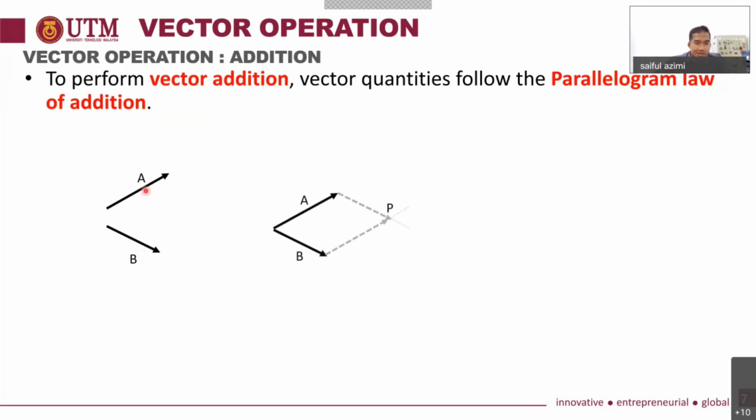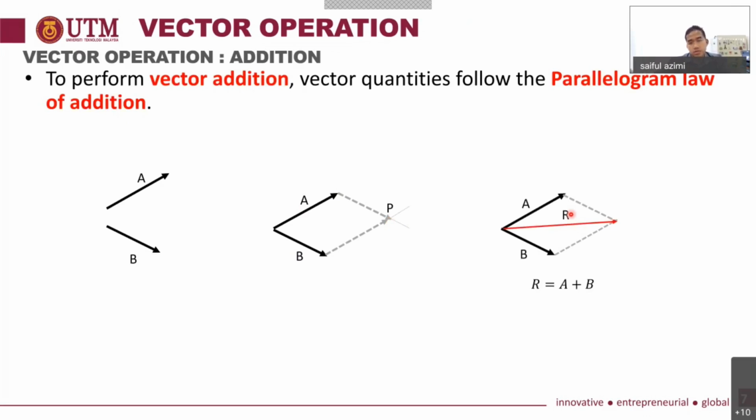First, you need to connect the vectors together. Next, you must draw an imaginary line parallel to vector A and an imaginary line parallel to vector B. And then after that, you will get an intersection point at point P.